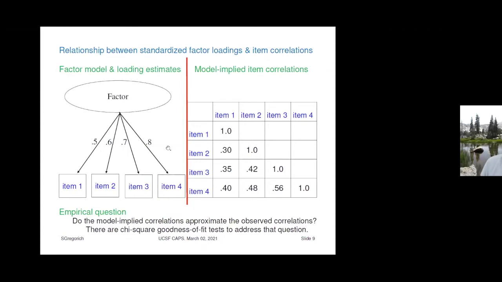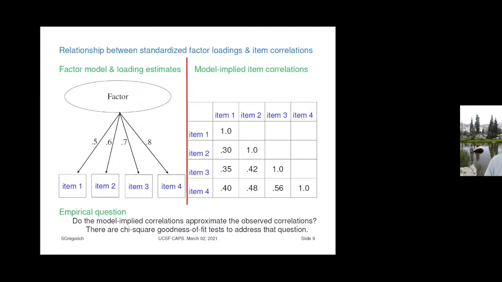So this is just a little bit more fleshed out. If I estimated factor loadings of 0.5, 0.6, 0.7, and 0.8, these would be the implied correlations between the items. And then you can compare the implied correlations to the actual ones, and there's a chi-square goodness of fit test that you can do to see whether or not you've got good or poor goodness of fit.